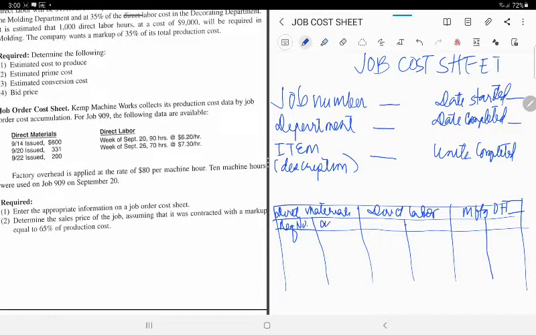Then you'll have the amount. For direct labor, what do we use? We need another column. We have the job ticket, and then hours, and then your amount.